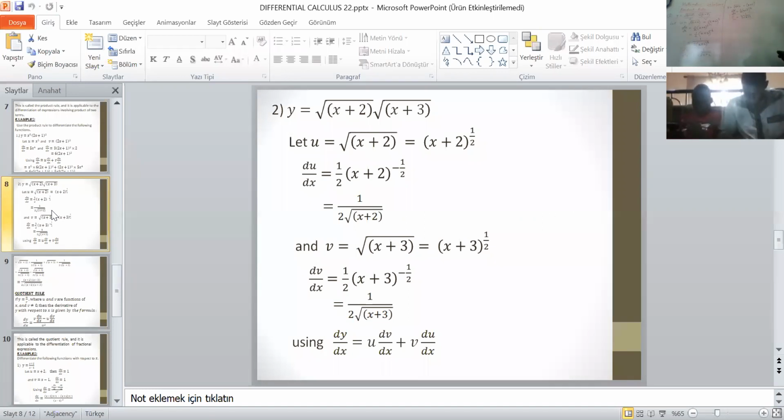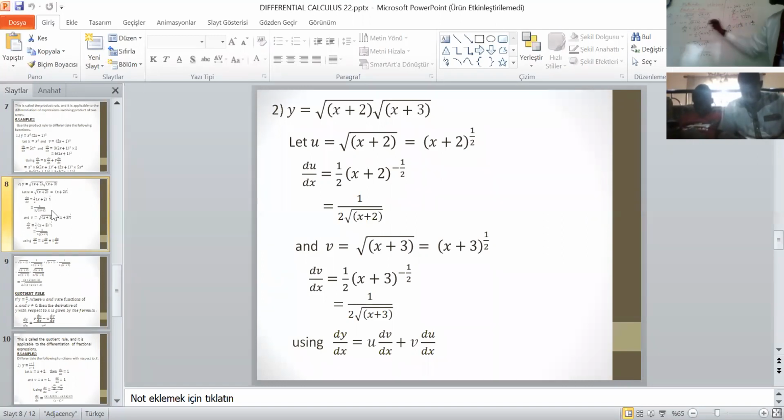Then the formula now comes in. The product rule again: dy/dx. Keep u, differentiate v, so u dv/dx plus, then reverse the process, keep v, differentiate u, v du/dx. Then substitute.